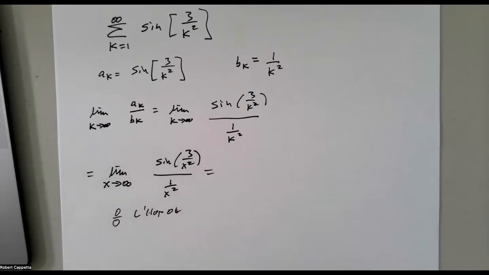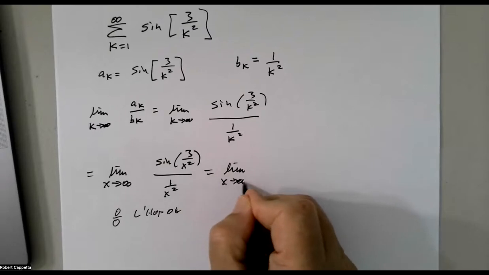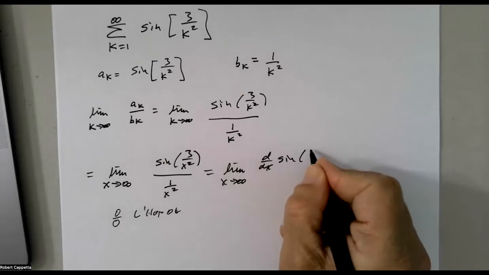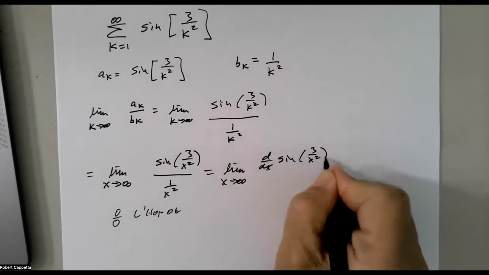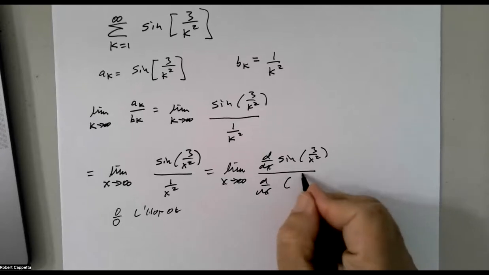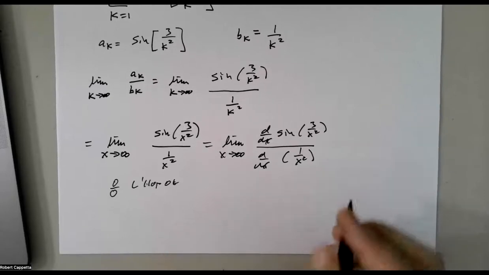So let's take the derivative of the top and the derivative of the bottom. So that's the limit as x goes to infinity of the derivative with respect to x of sine of 3 over x squared, divided by the derivative with respect to x of 1 over x squared. Let's think about this. What is that going to be?